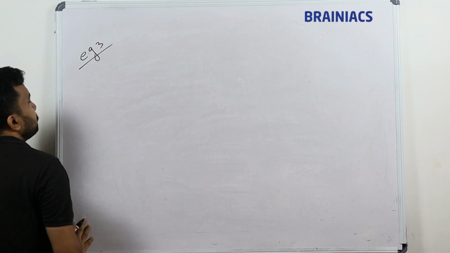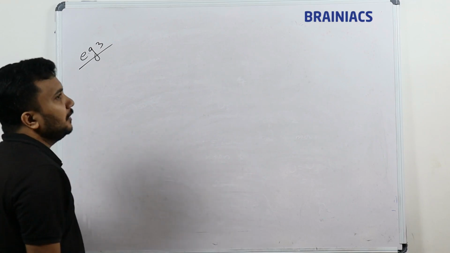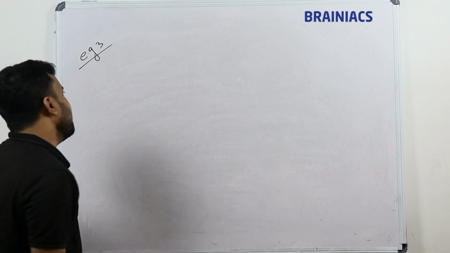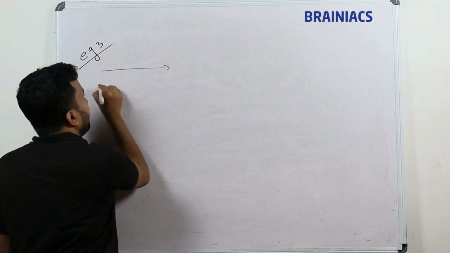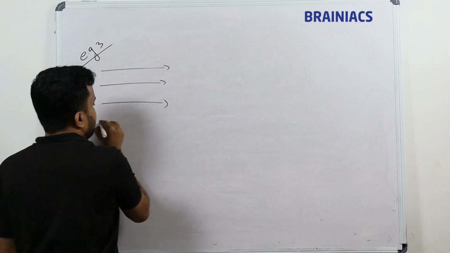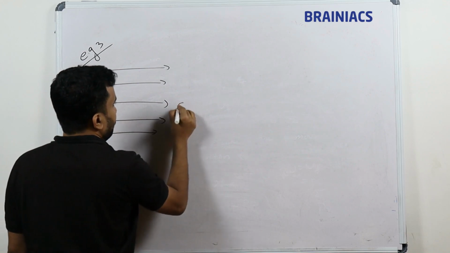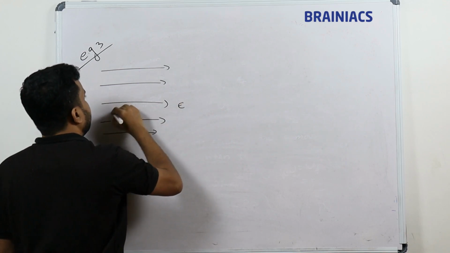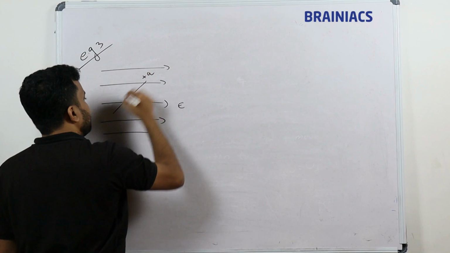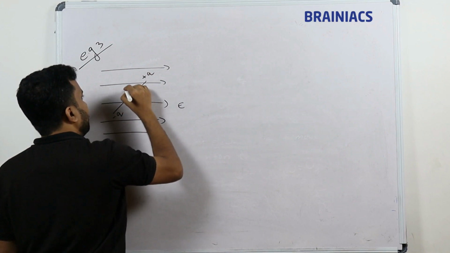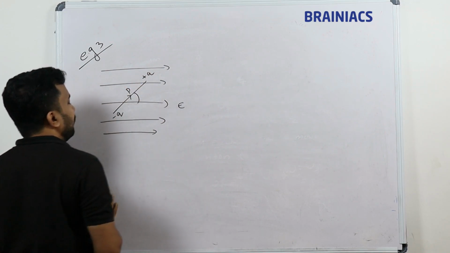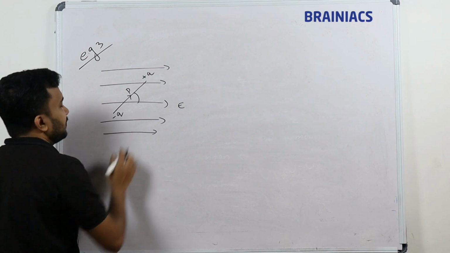In example number 3, you have an electric field like this. The dipole is placed like this, with the dipole moment initially at an angle of 60 degree.